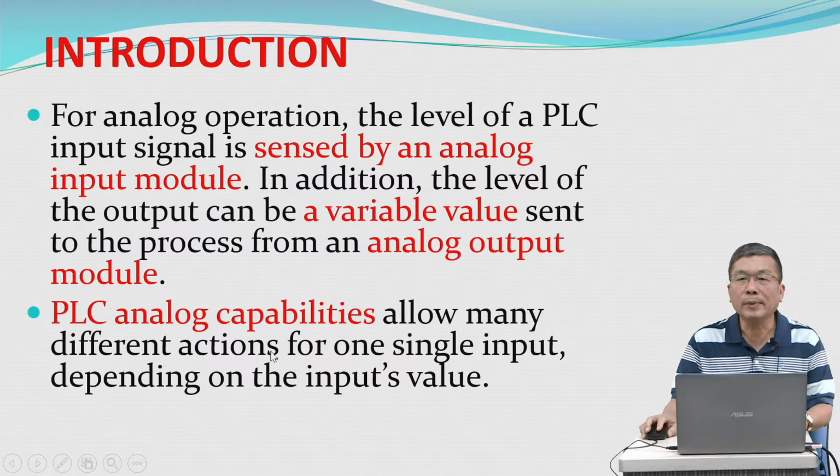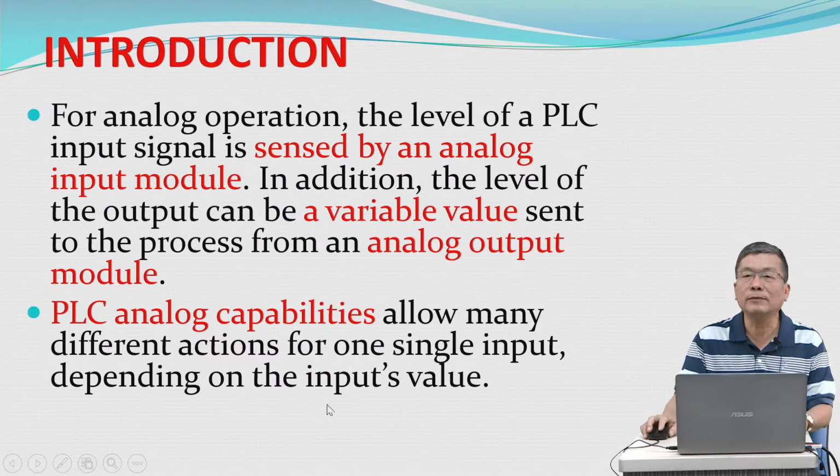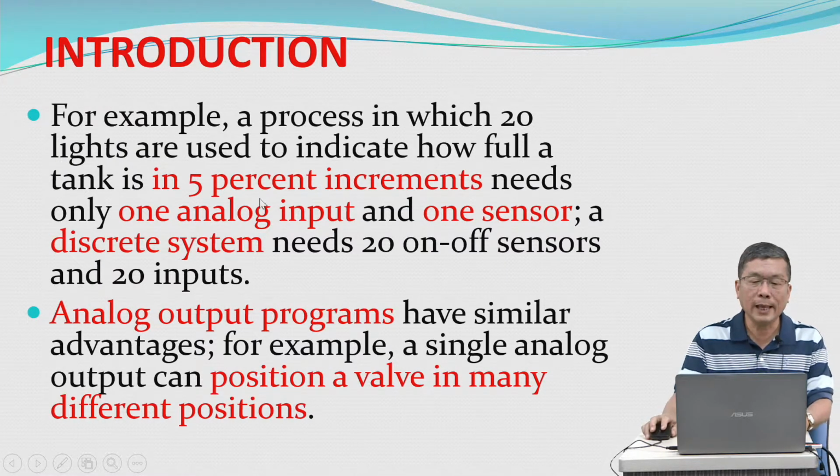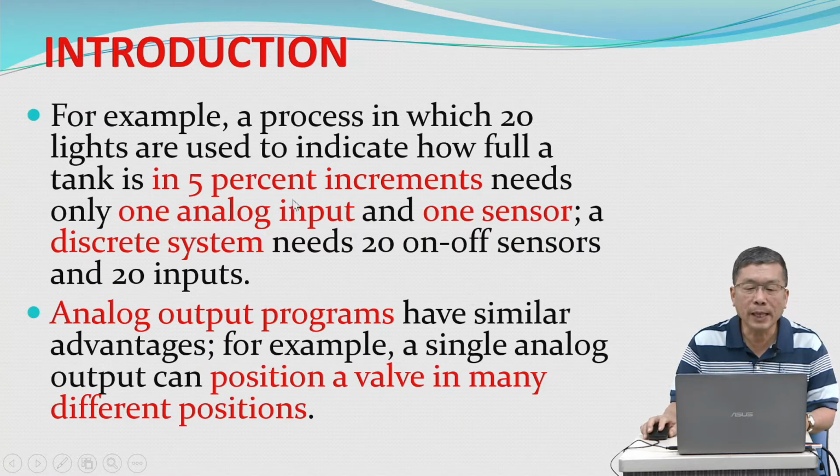PLC analog capabilities allow many different actions for one signal input, depending on the input value. For example, a process in which 20 lights are used to indicate how full a tank is in 5% increments needs only one analog input and one sensor.